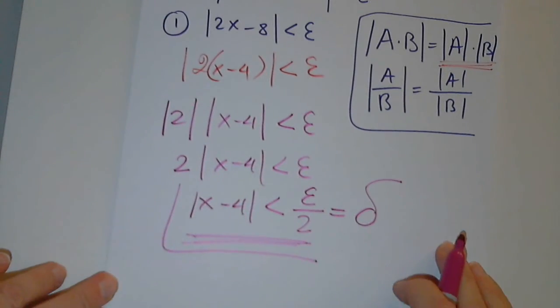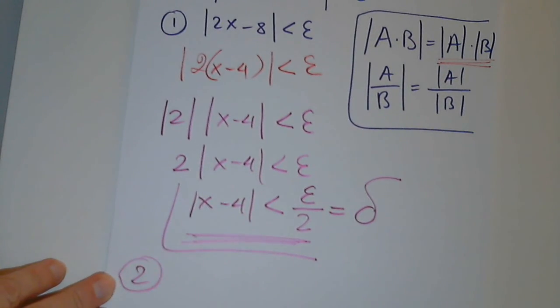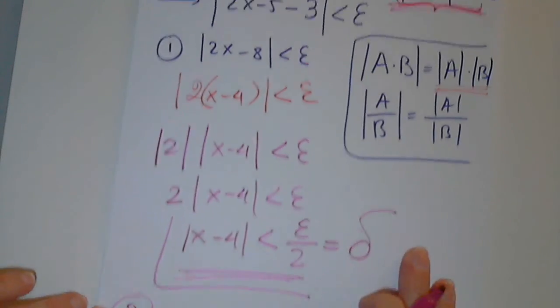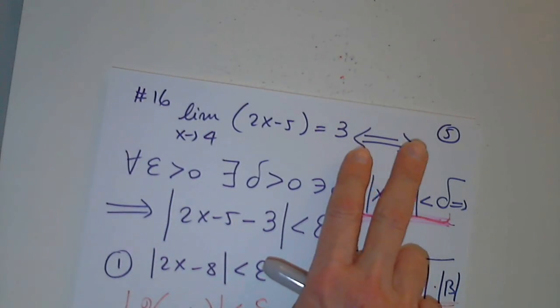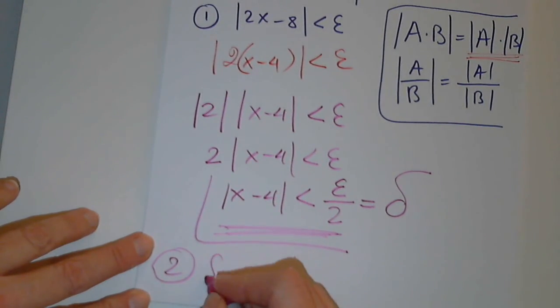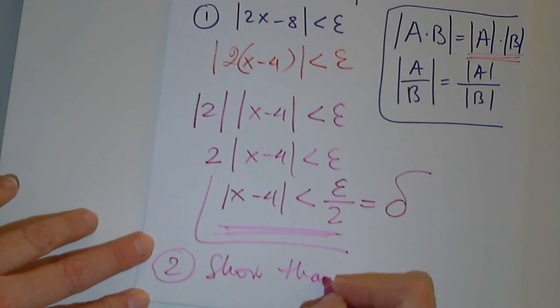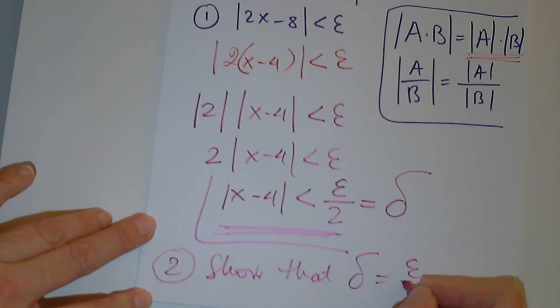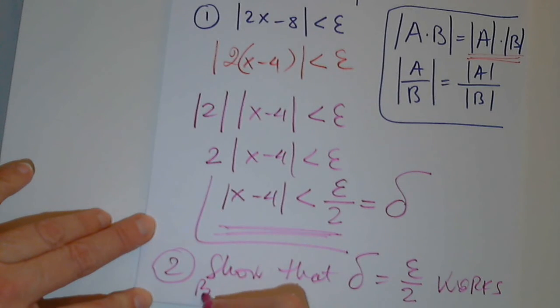There is also a second step. I will not ask you to perform it, but you have to write it. Because of the double equivalency, we have to show both sides. All I want you to write is: show that delta equals epsilon over 2 works by reversing the steps from above.